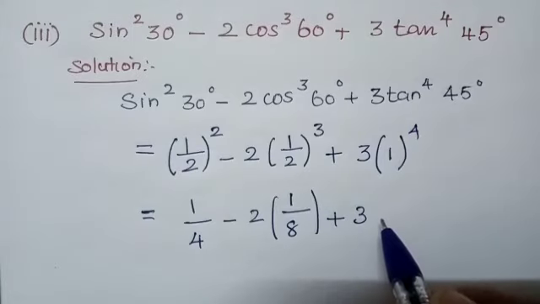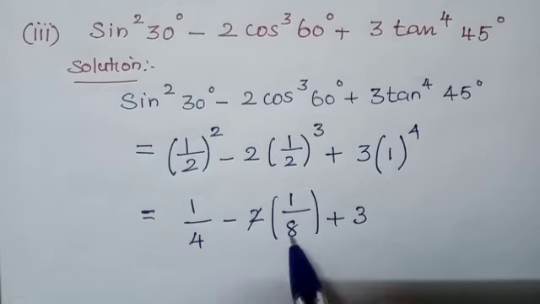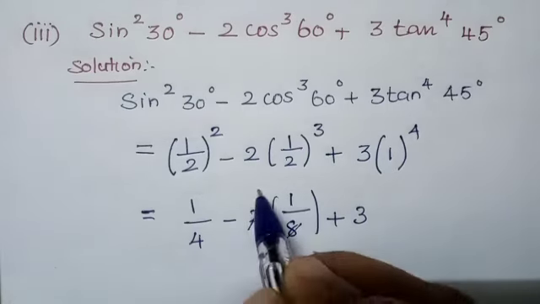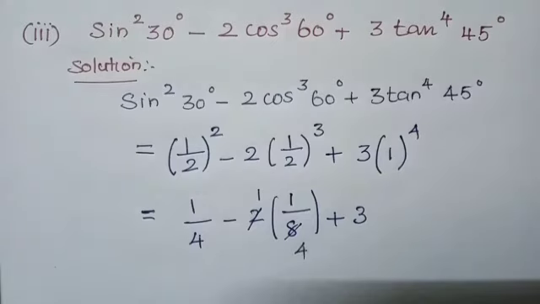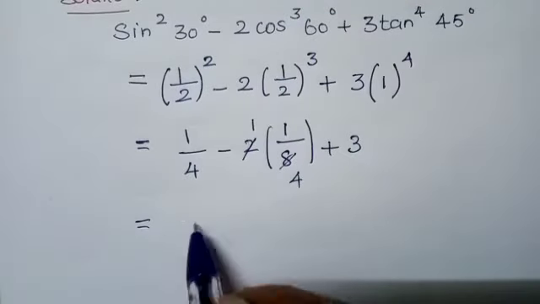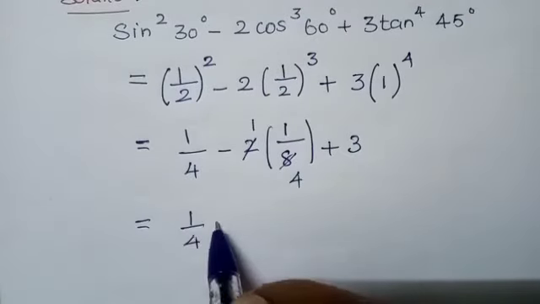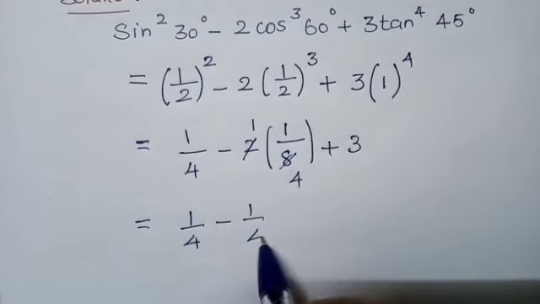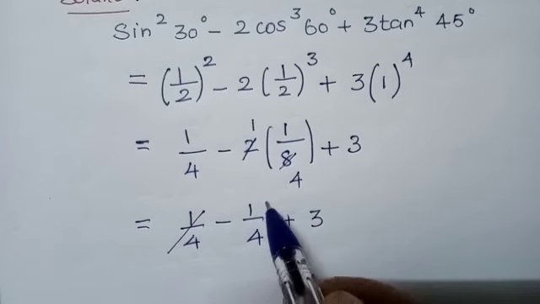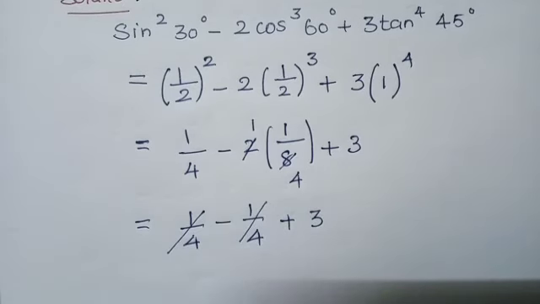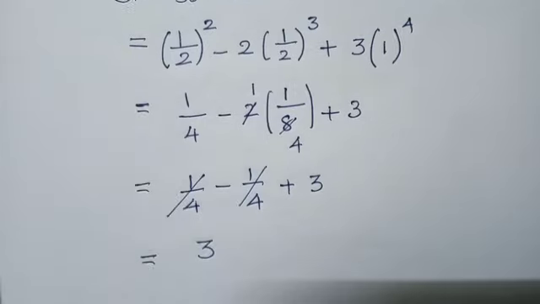Value of 1 power 4 also we get the answer 1, so we can write 3. Cancel 2 and 8: 1 time here, 4 times. So which is equal to 1 by 4 minus 1 by 4 plus 3. Cancel plus 1 by 4 and minus 1 by 4. What is remaining here? 3 is remaining. So the answer is 3.